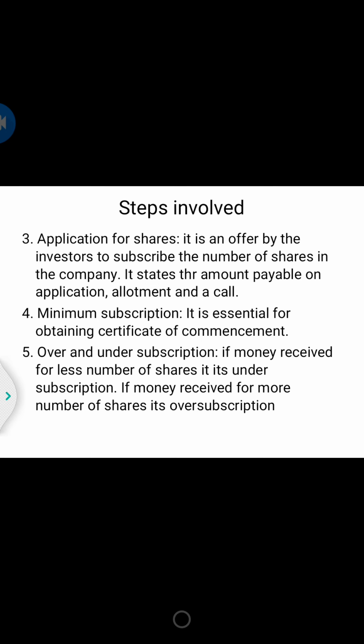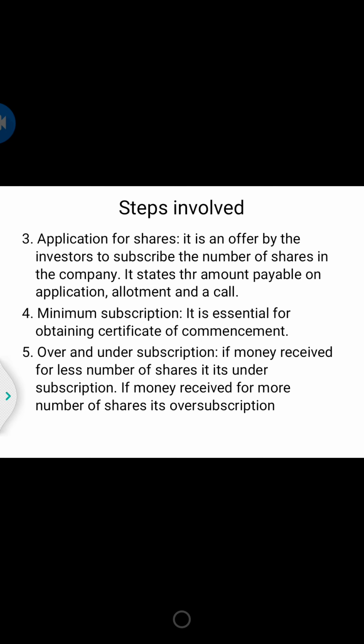In case of over subscription, the applications for which no shares are allotted are to be rejected and the money already received should be refunded to such applicants. Where fewer shares are allotted to other applicants, their excess application money may either be refunded to them, or adjusted against the allotment money or call money payable on their shares.